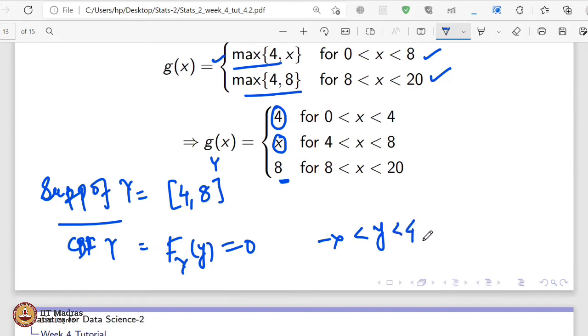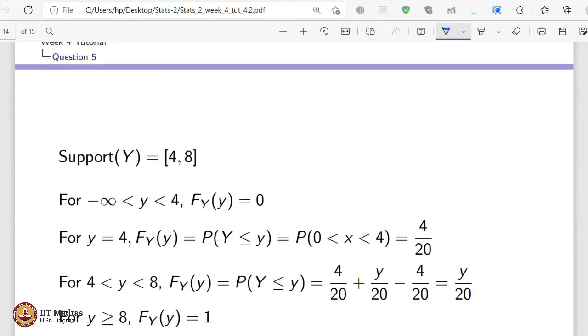And at 4 there will be a jump, because y exists at 4, so there will be probability at 4, which we will calculate further. So from minus infinity to 4, the probability would be 0 because y is not there till 4, and after 8 the probability would be 1, right?